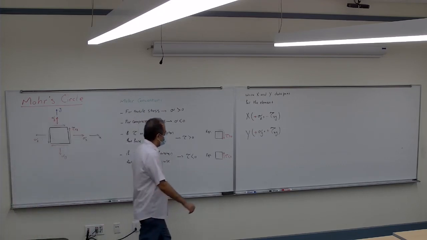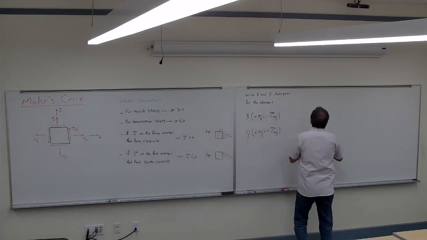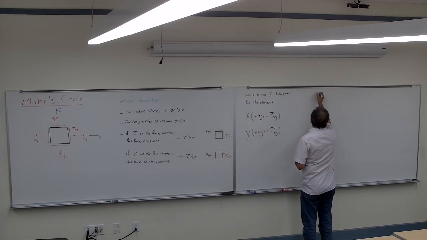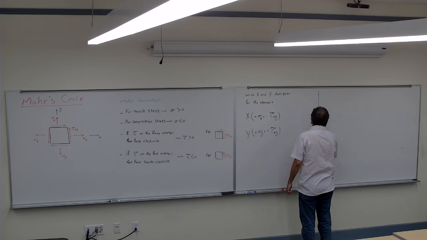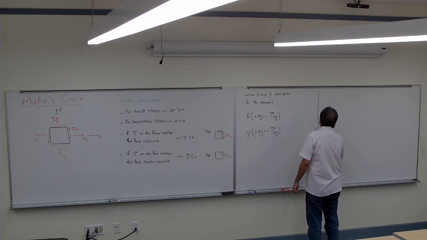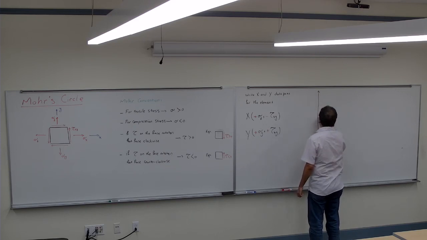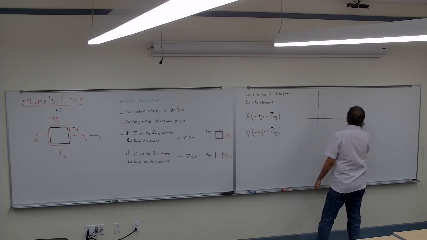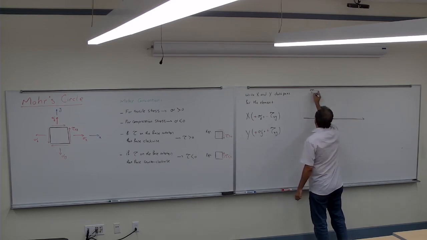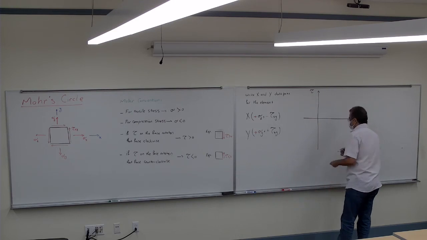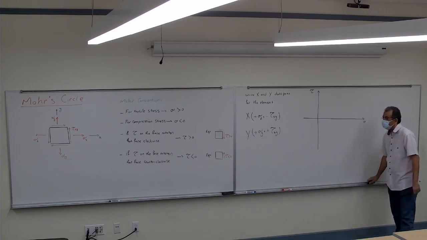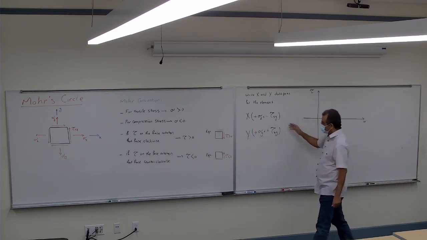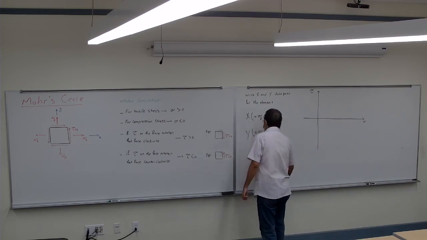It's going to be tau, and it's going to be sigma. This is my coordinate system. I'm going to first find these 2 points.